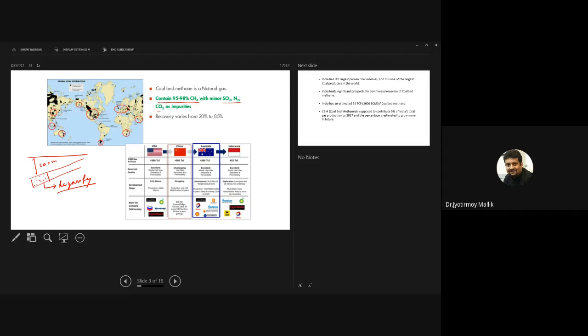Now the difficult part is, of course, its environmental footprint, in the sense that not the gas itself, which is clean, but you have to drill thousands of wells, so you need land. So there is an issue around land use and land cover.